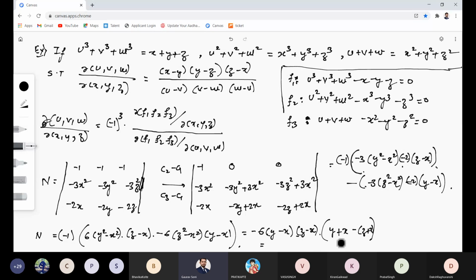So if we solve this, plus x minus x will get cancelled out, y minus z will be there. With this minus outside, what I can write is 6 into y minus x, z minus x, and z minus y. And this is our numerator.